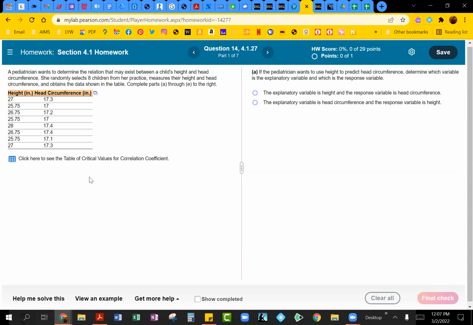That actually means your height will become the explanatory variable and the head circumference will become the response variable, because she wants to say that the height is what determines the head circumference. So that's why the height is the explanatory and the other one is the response.